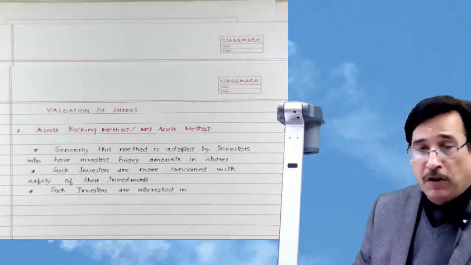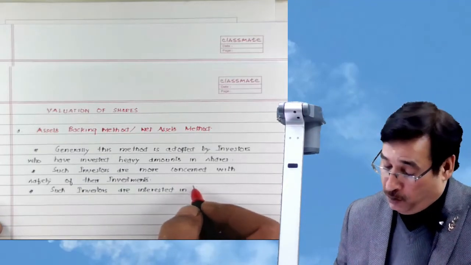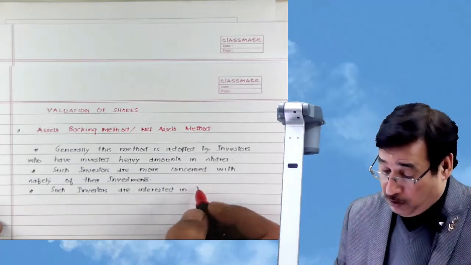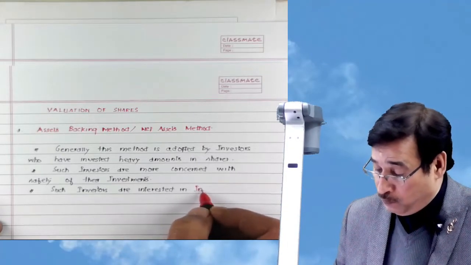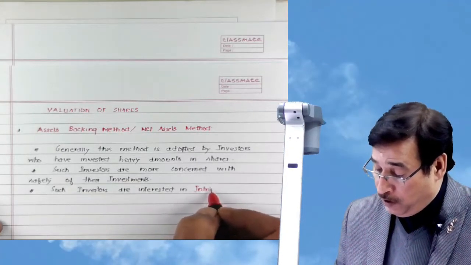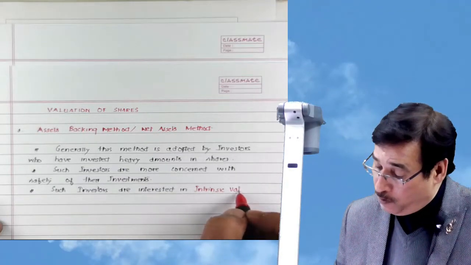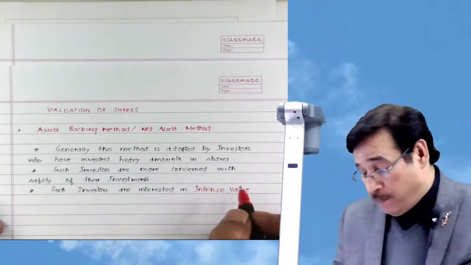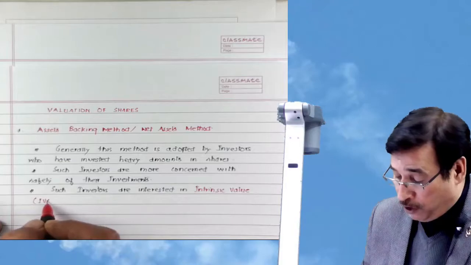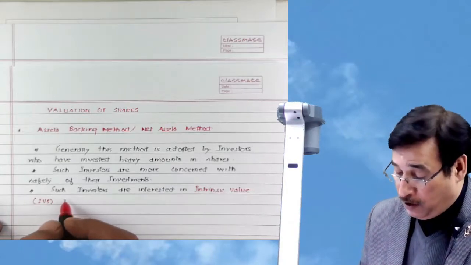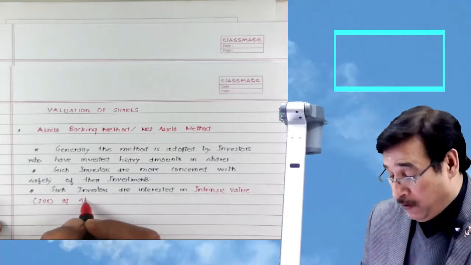You have heard this particular word. If you remember, under business combination, we used it so many times. Generally, we call it IVS, intrinsic value of shares. So such investors are interested in intrinsic value of shares.